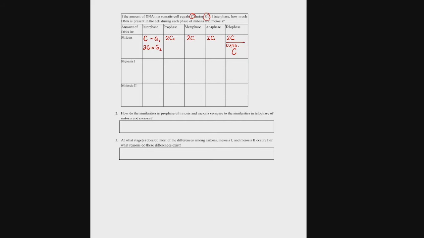So, for meiosis 1, we're going to see something similar to what we did in interphase of mitosis, where we're going to see C in gap phase 1. And once it duplicates, we're going to see 2C in gap phase 2.